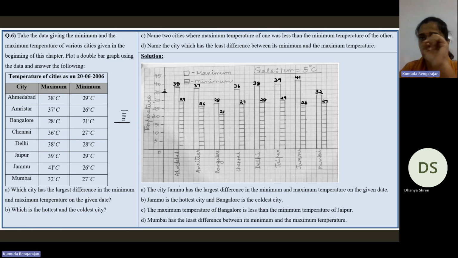How do you read? 0.5, 1, 1.5, 2. Got that? So from 35 to 40: 35, 35.5, 36, 36.5, 37, 37.5, 38, 38.5, 39, 39.5, 40. So 38, you should find it correctly.